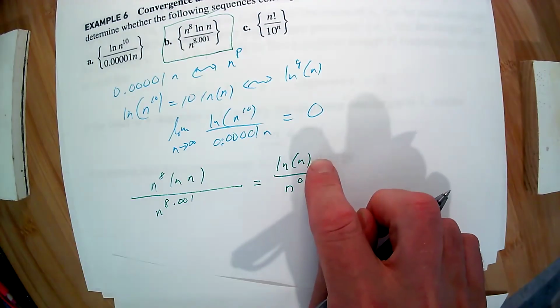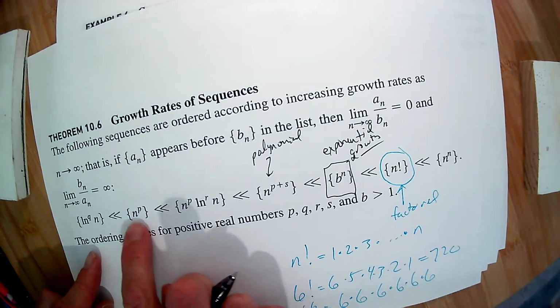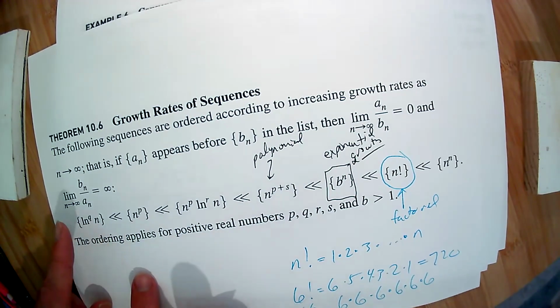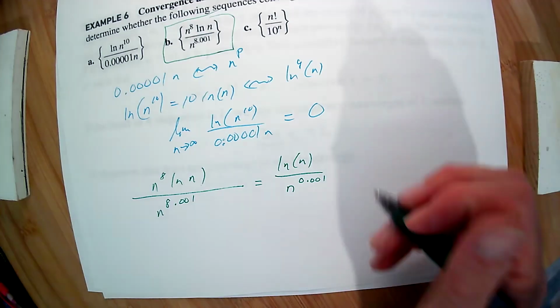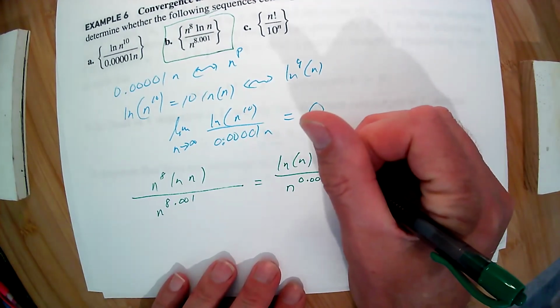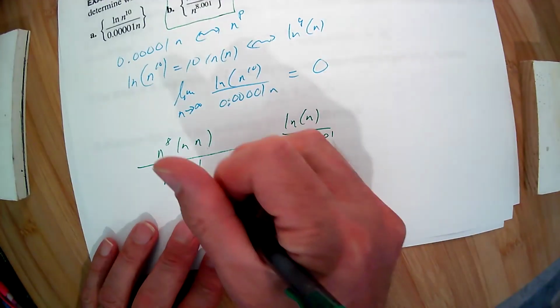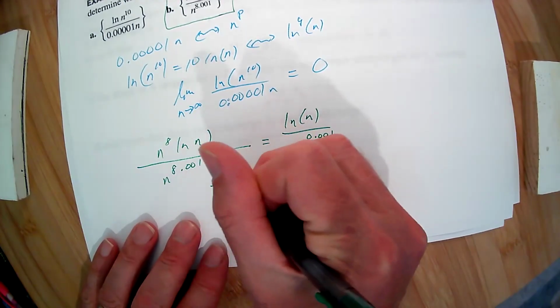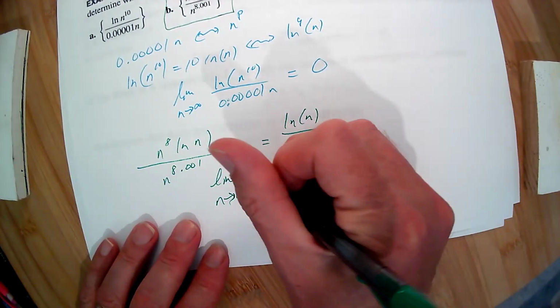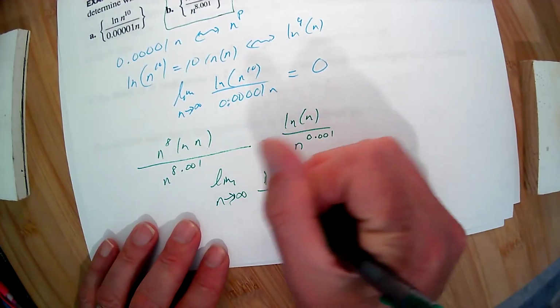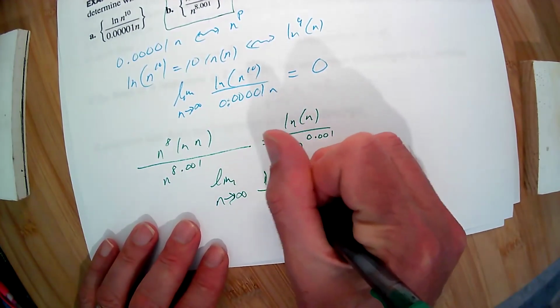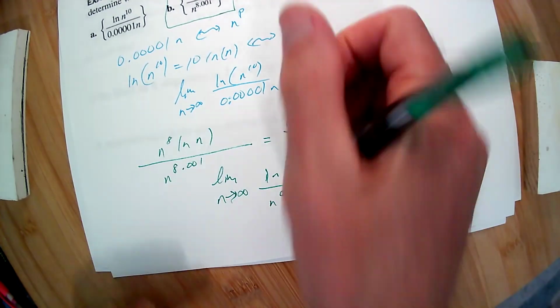The top is a natural log. The bottom is n raised to a positive power. Therefore, slow on top, fast on bottom. So the limit as n goes to infinity of the slower on the top over the faster on the bottom is equal to 0, just like part A.